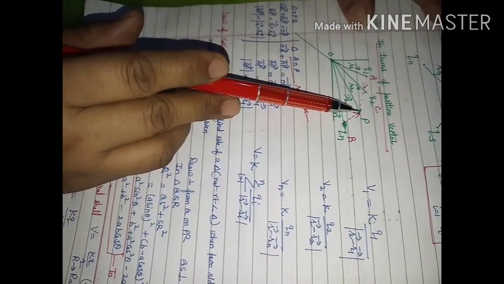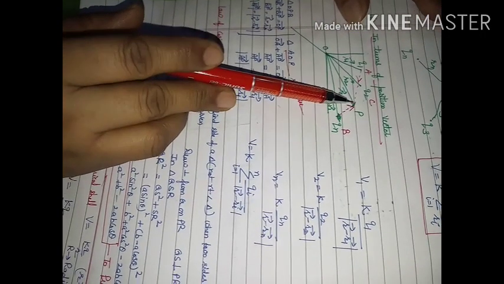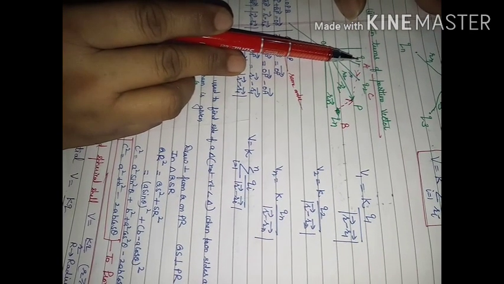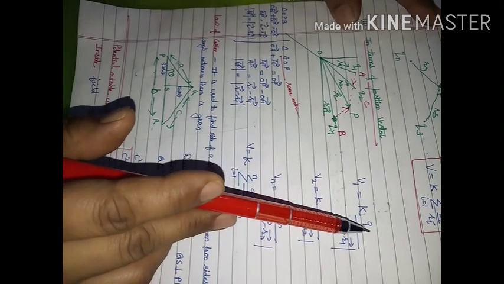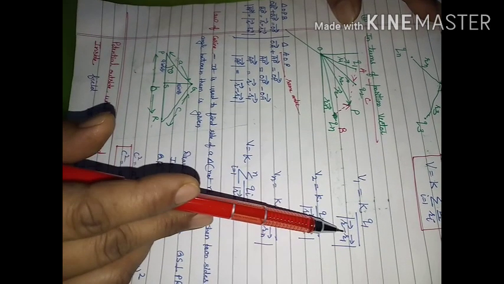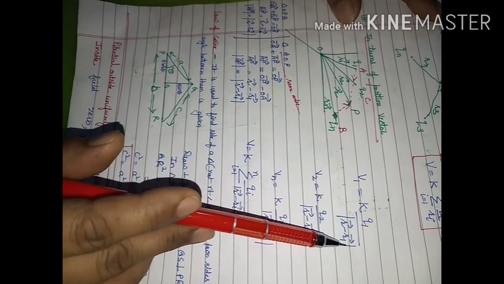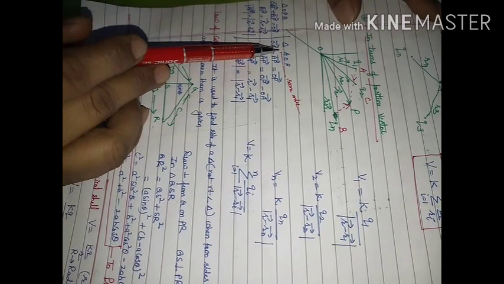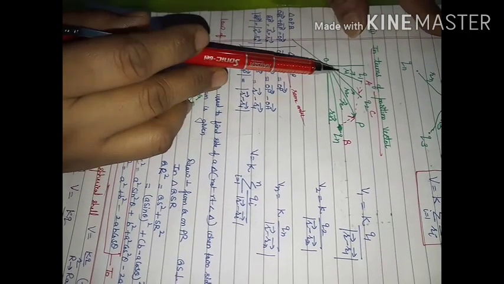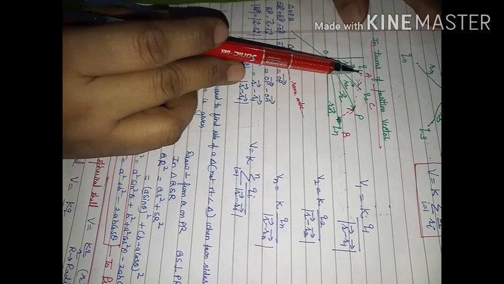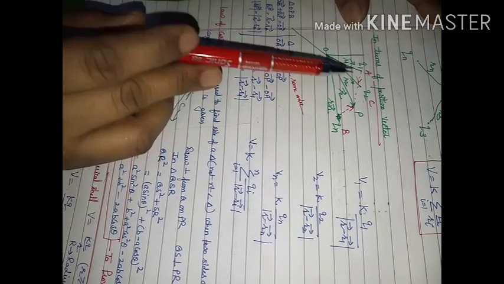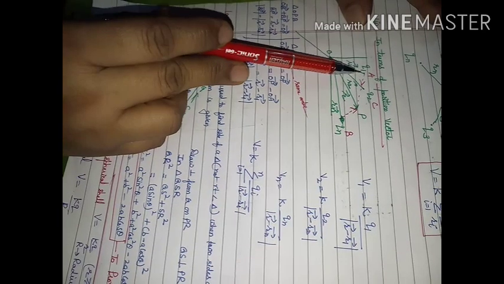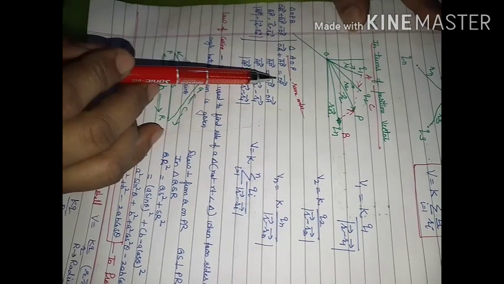If I consider point P, the potential at this point due to this charge will be V1, equal to K Q1 divided by AP. Now how to find the value of AP? We will consider the triangle of vector addition. OA and AP are pointing in the same order, so OA plus AP will be equal to OP.